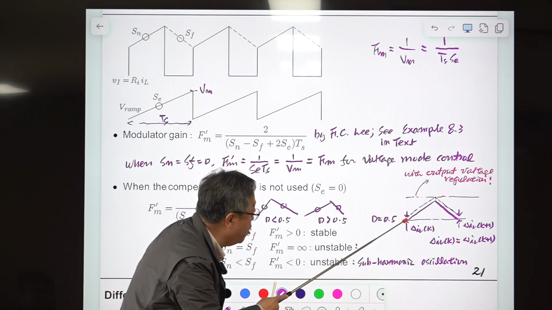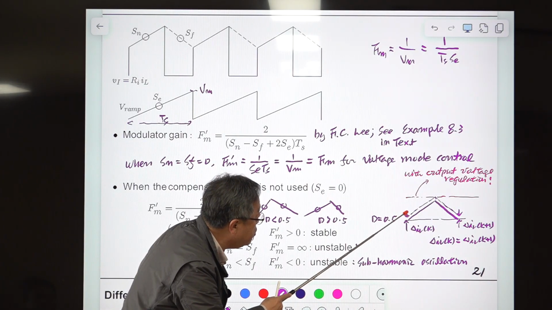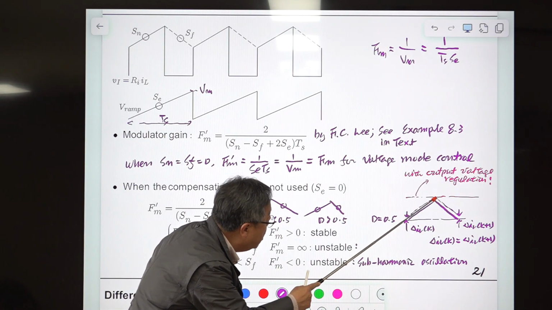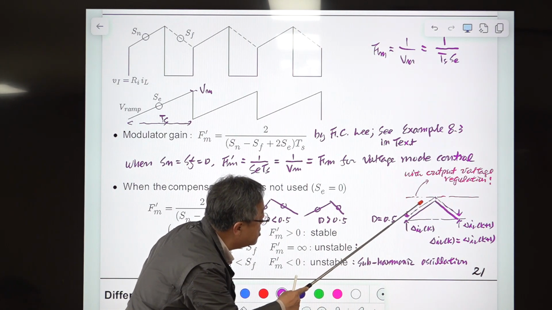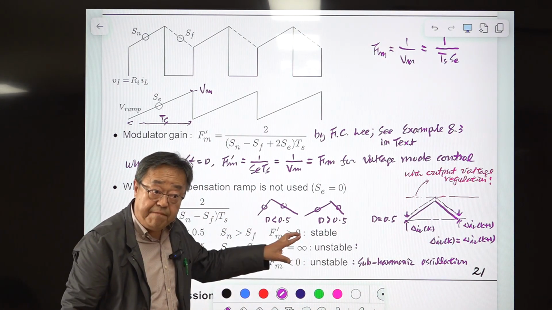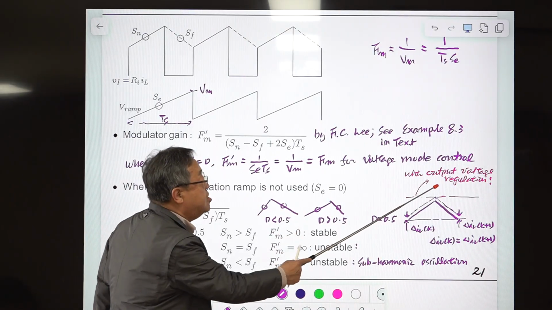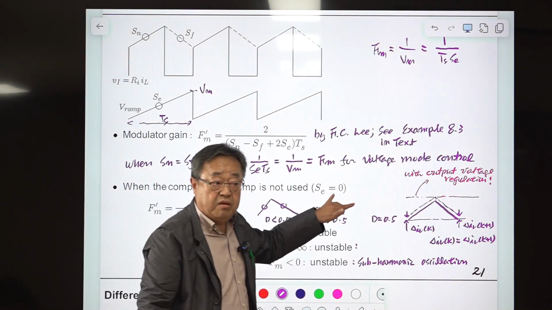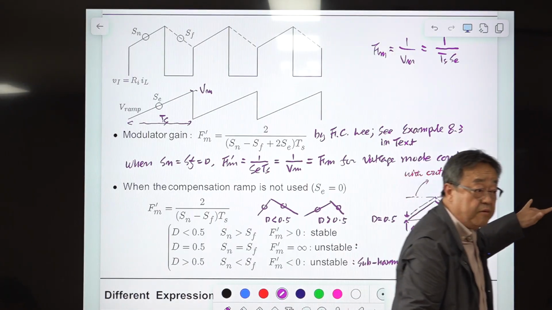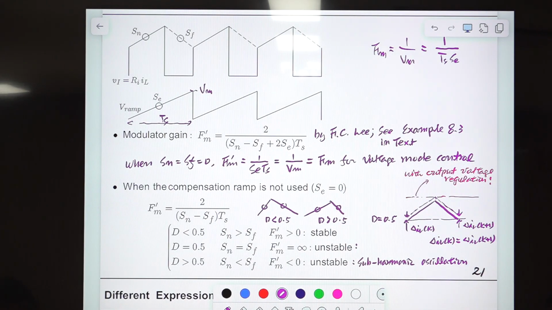Some disturbance is introduced here. Then this will increase, hit this value, and then decrease. This slope and this slope should be the same to make the output voltage regulate at a fixed value. To have the same output value, the duty ratio must remain the same.